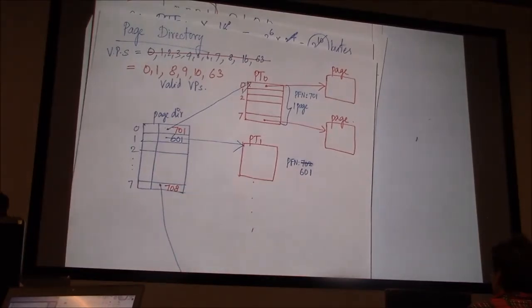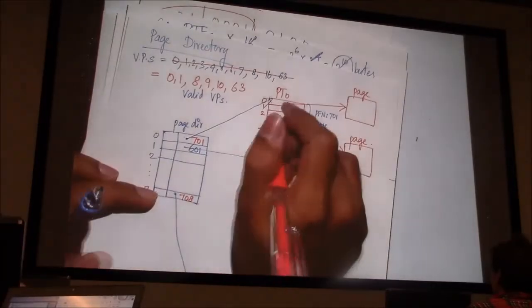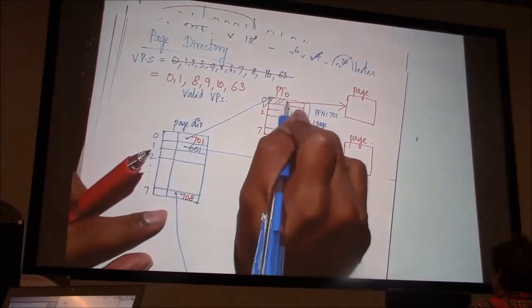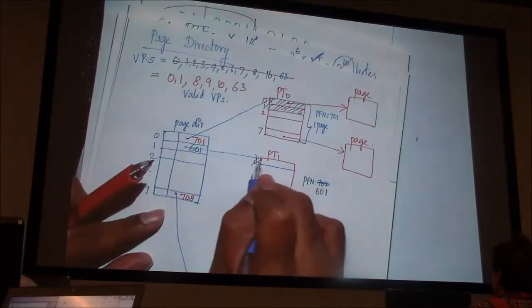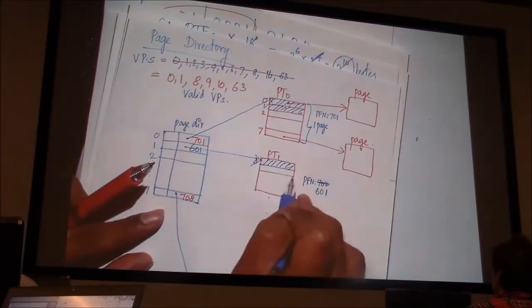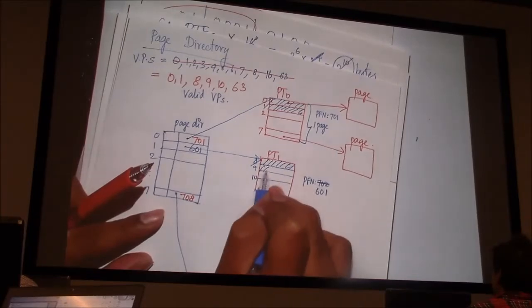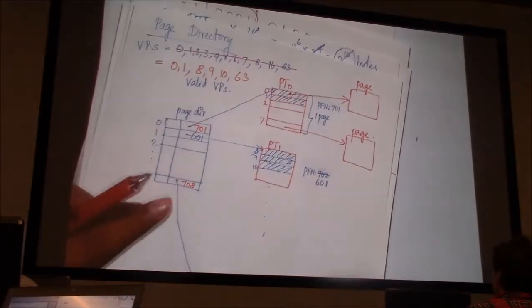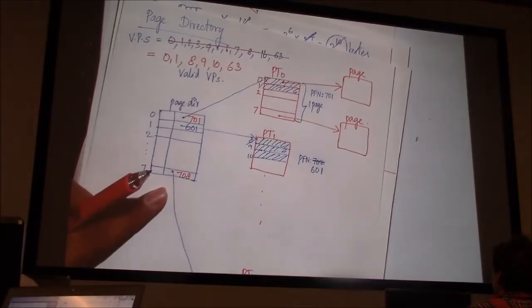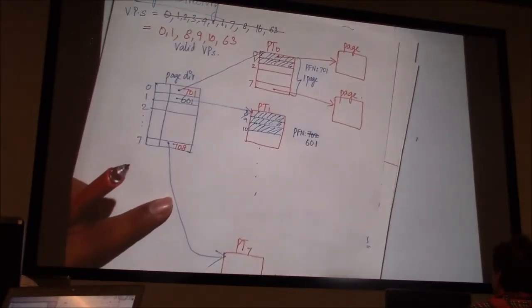And since we say only the virtual page 0 is here, then 1, which is here, then 8 is going to be here, 9 and 10 are also here, okay? So you can assume this is the code, this is the heap, and this is the stack, okay? And the virtual page 63 will be here.